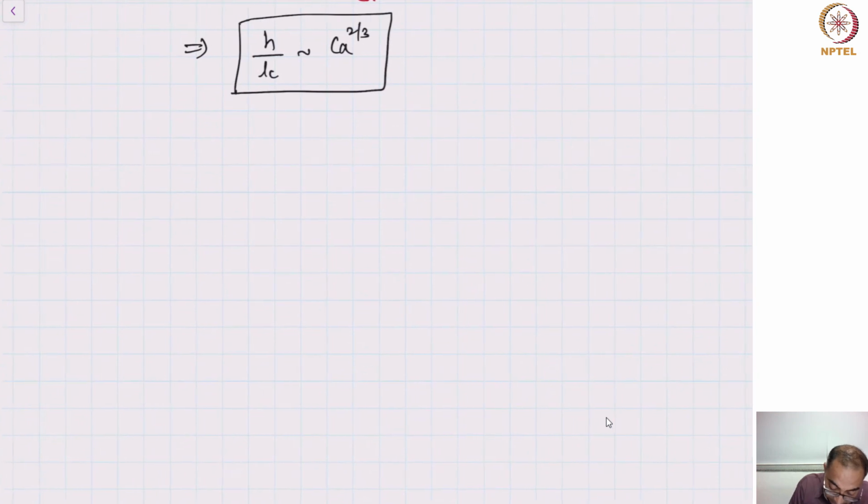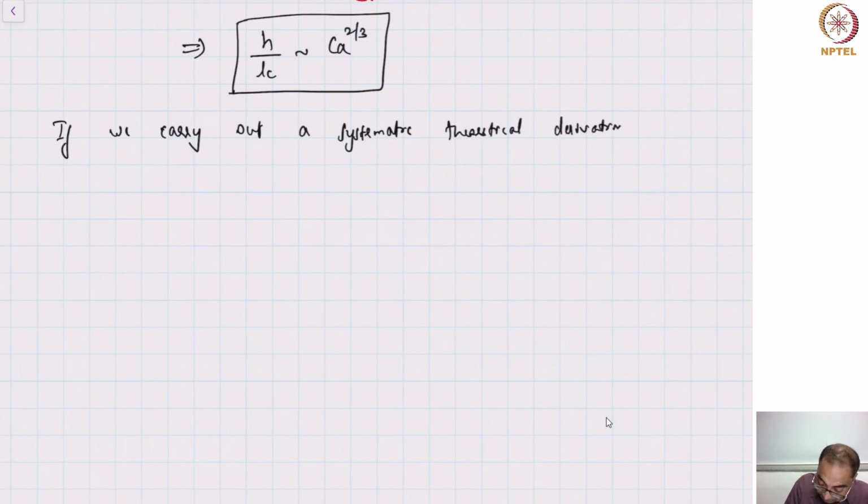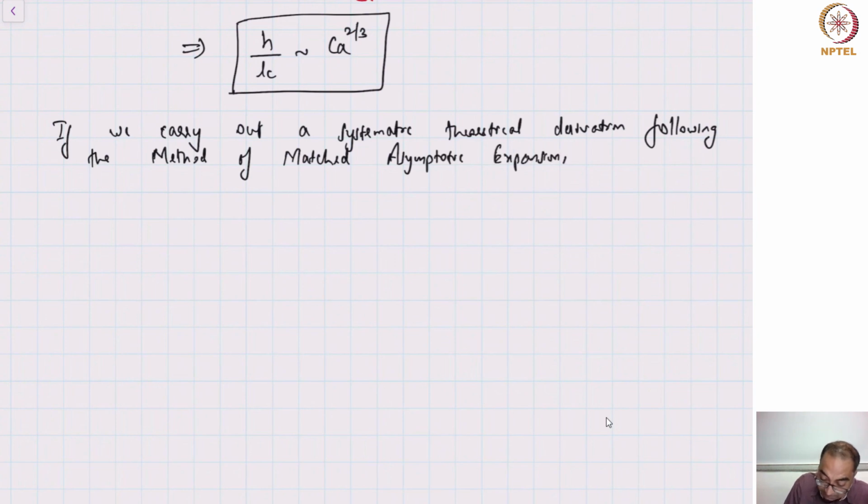Now, if we carry out a systematic theoretical derivation following the so-called method of matched asymptotic expansions, we get the result that was originally obtained by Landau and Levich.